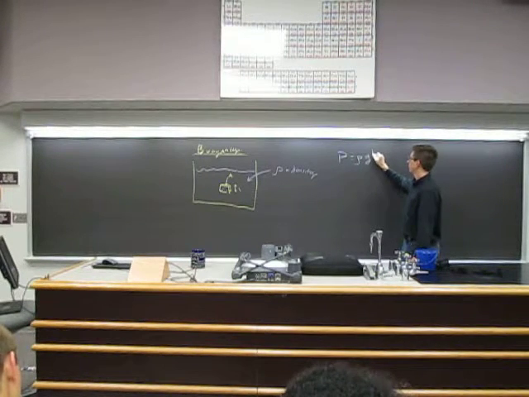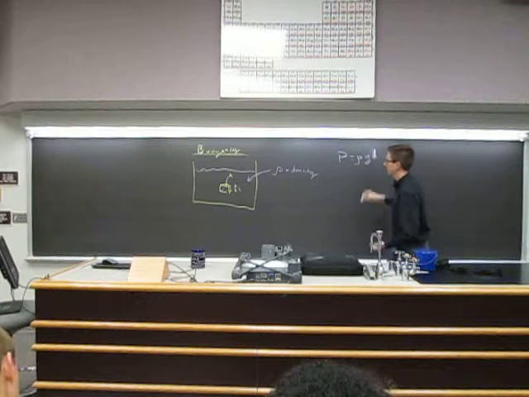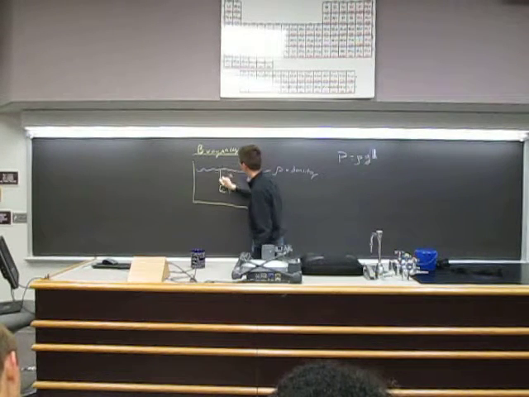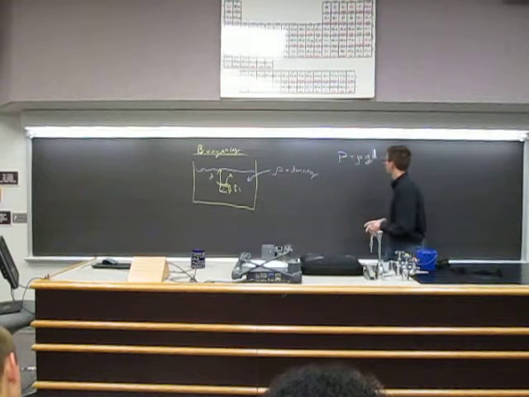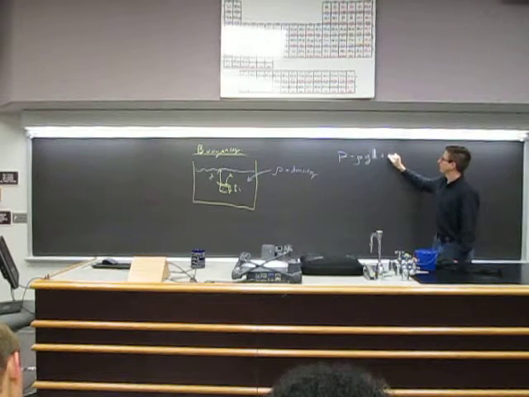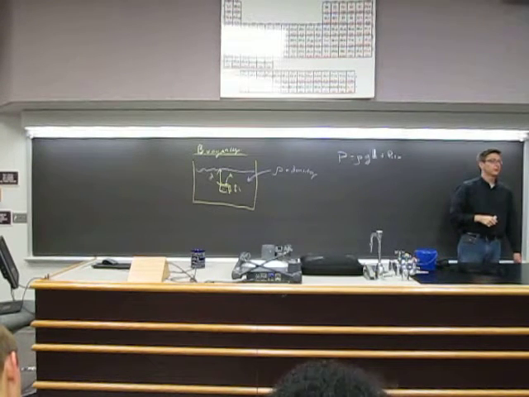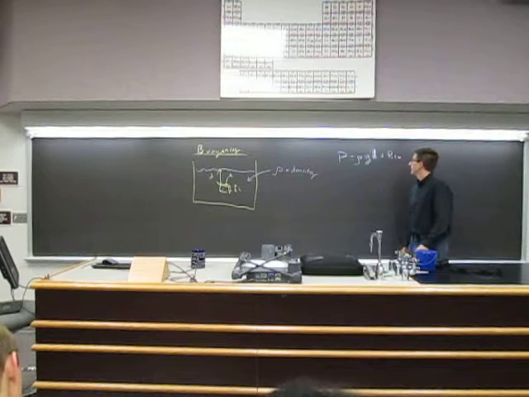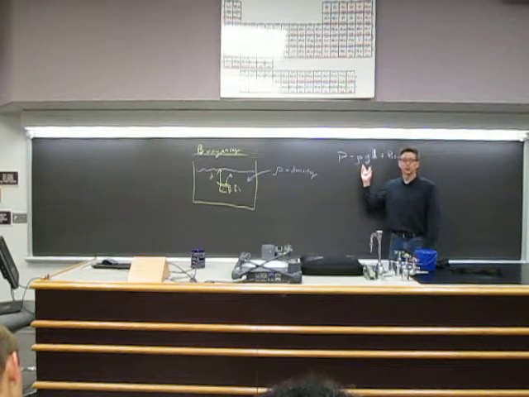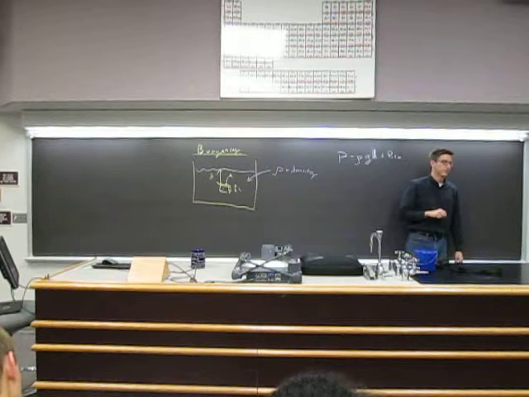So it's rho times G times depth, D. Say this is the depth, D. That's the pressure plus whatever the atmospheric pressure is. Okay, that's our formula for pressure inside of a fluid. And that just comes from looking at the total mass in the column of water above the object.